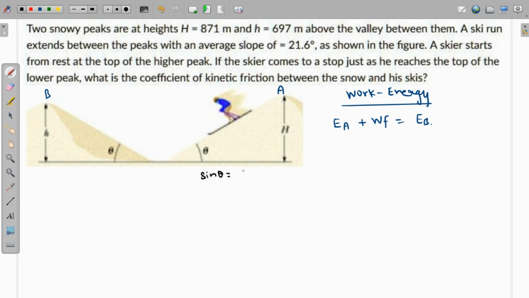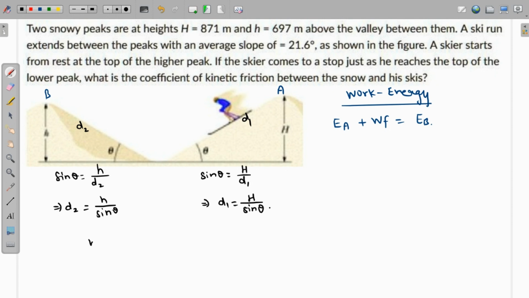So sine theta is opposite H over hypotenuse, which is d1. If we cross multiply, then d1 is H over sine theta. Then over here, this is d2, right? So sine theta will be small h over d2. If we cross multiply, then d2 is going to be small h over sine of theta.